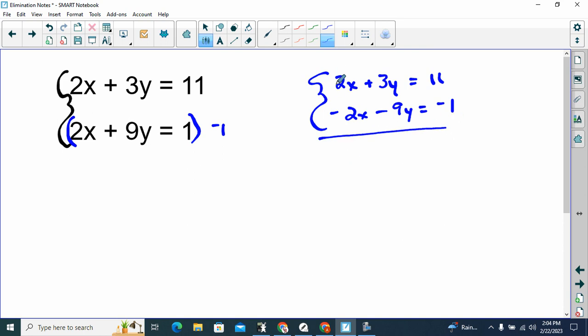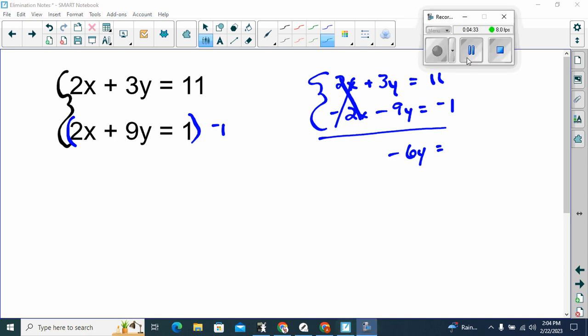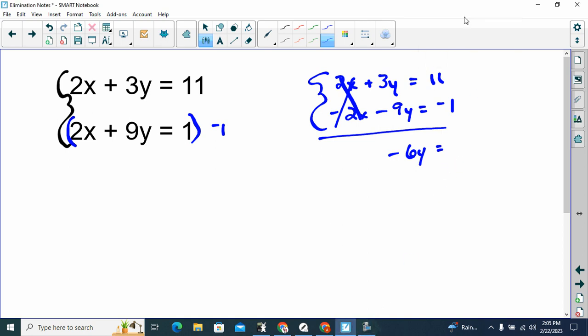And now 2x plus negative 2x, those cancel. 3y minus 9y is negative 6y. 11 minus 1 gives us 10. And then we divide both sides by negative 6.